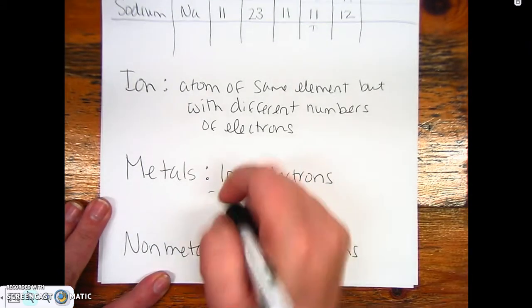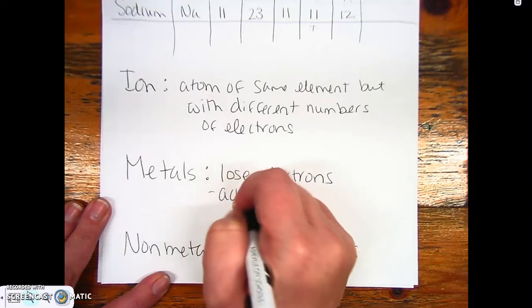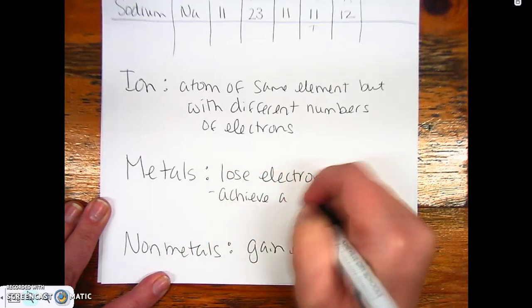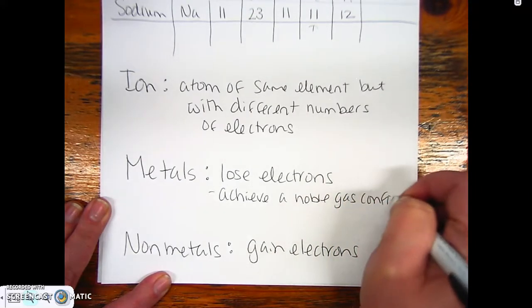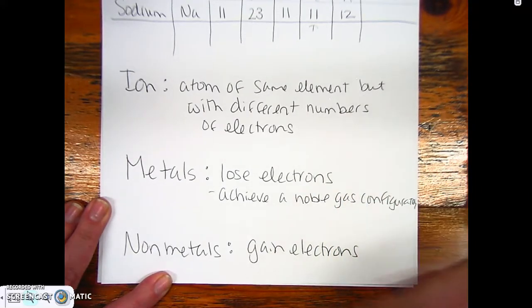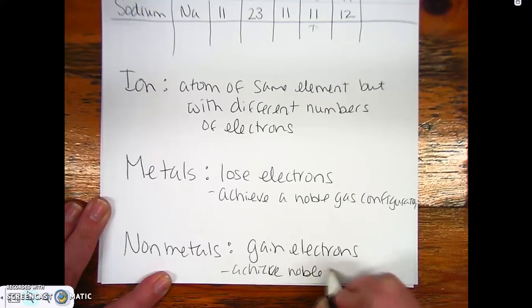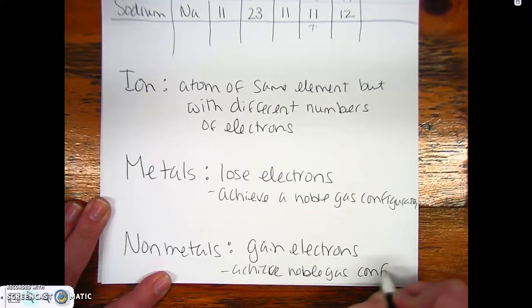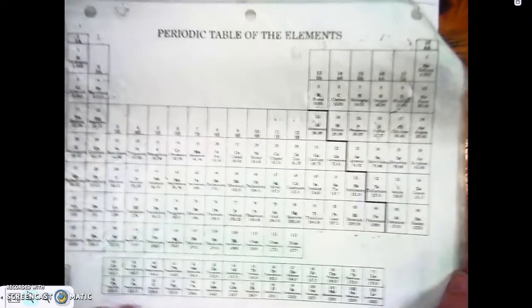So they're trying to achieve a noble gas configuration. Remember that noble gases are way off on the right-hand side of the periodic table, so they have 8 valence electrons. Let's look at our periodic table really quick.